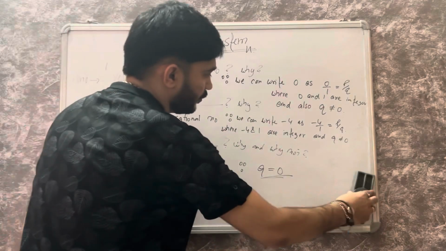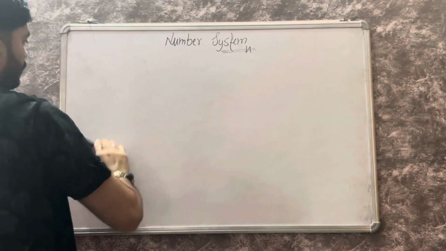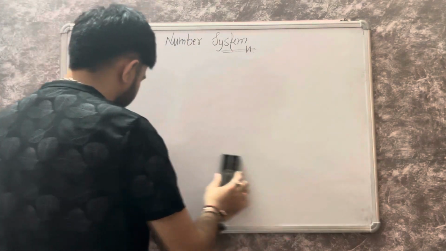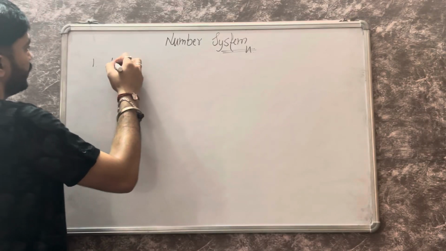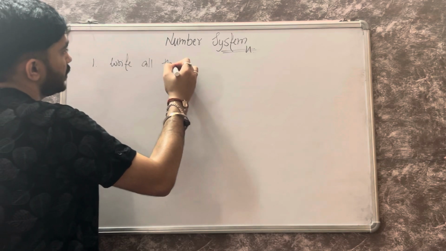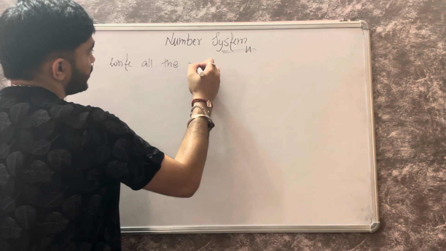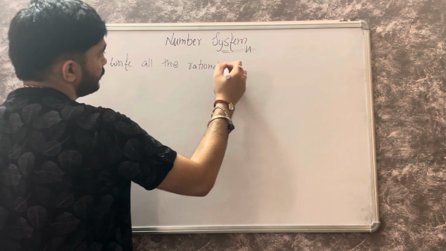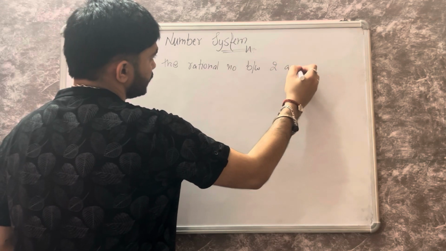Now moving forward, we are going to have some question, that is, write all the rational numbers between 2 and 3.